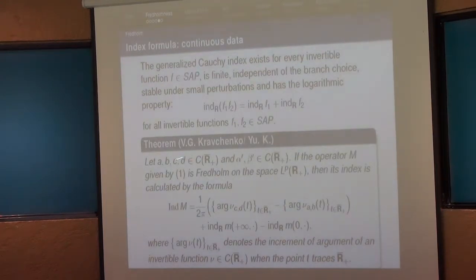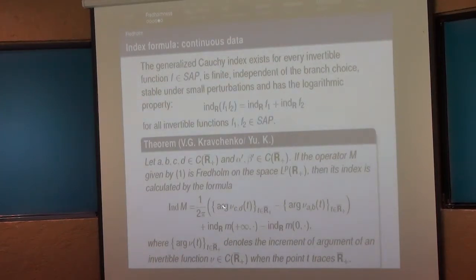When all data are continuous, so coefficients are continuous on such a set, and derivative also are continuous. If the operator M with binomial functional coefficients for p plus minus is Fredholm on such a space, criterion was given before, then its index is calculated by the following formula.